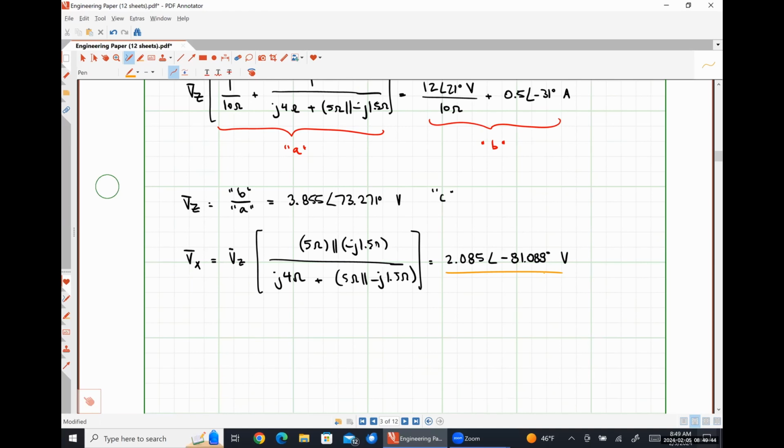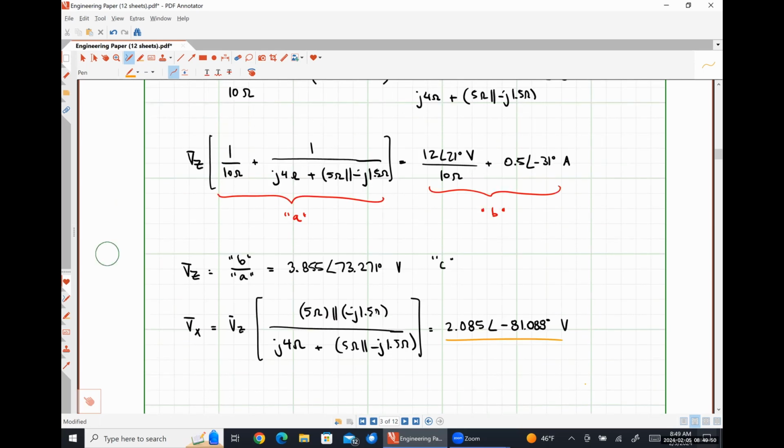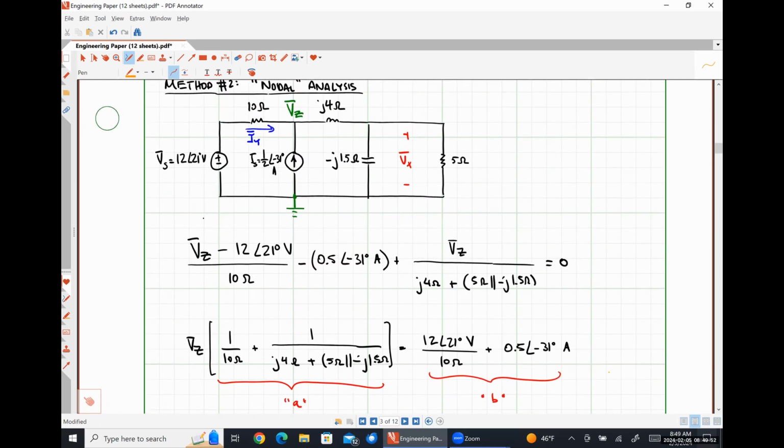Let's scroll up really quickly. So I'm choosing to represent that bottom node as ground, but I could get the exact same result just by doing KVL equations all over the place. This is just a quicker way to get to the same thing.